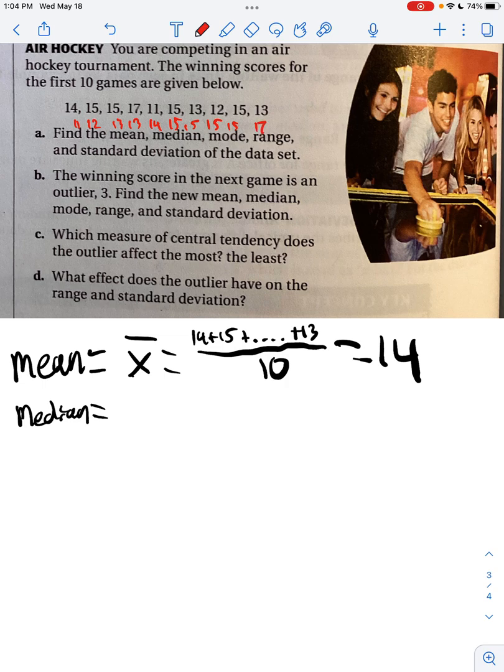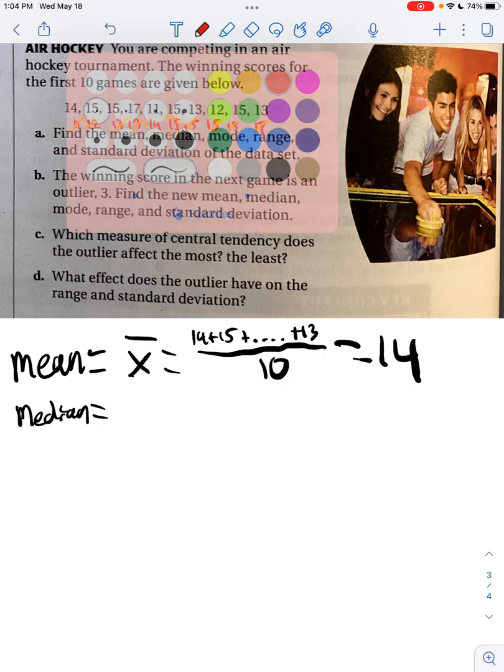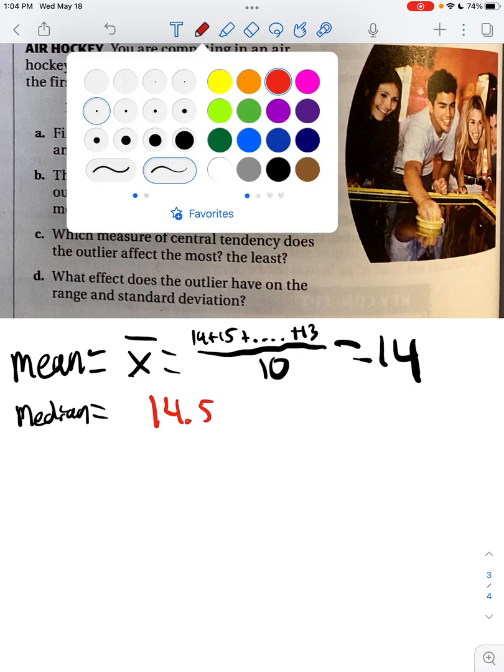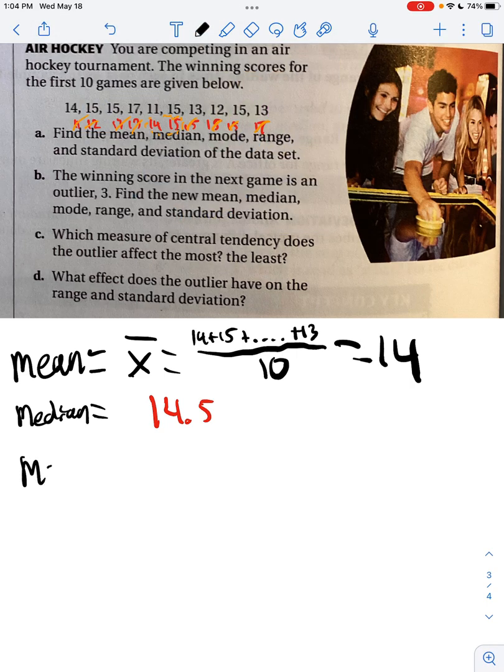Let me do that. 1, 2, 3, 4, 5, 6, 7, 8, 9, 10. All right, let's go through. My median is in between 14 and 15, which means it's going to be 14.5. That was supposed to be black. That's okay. And the most common number we can see is 15.